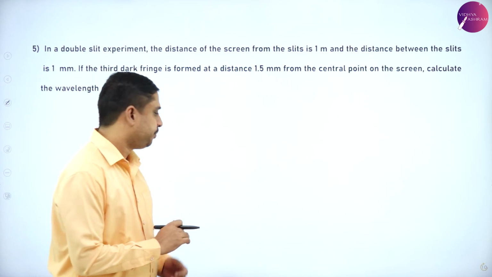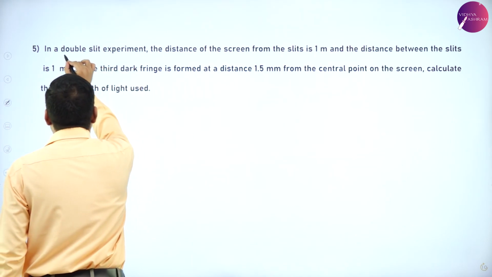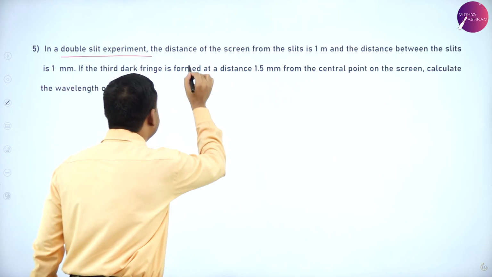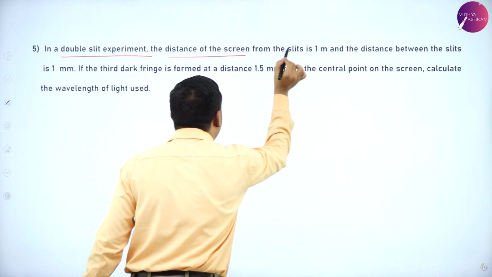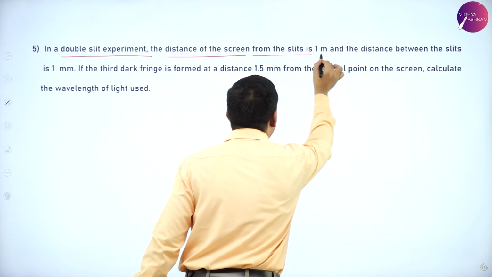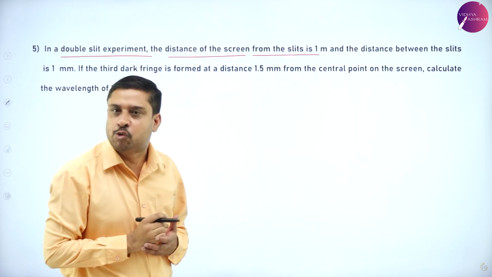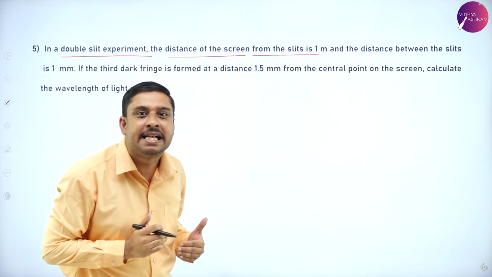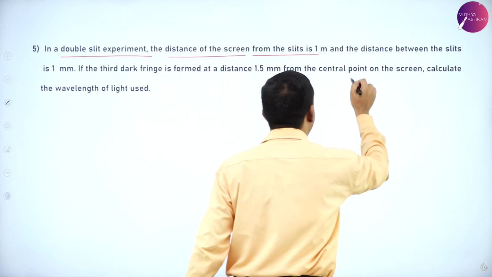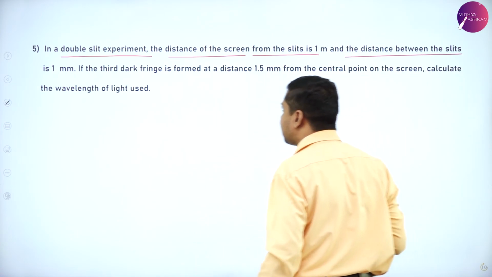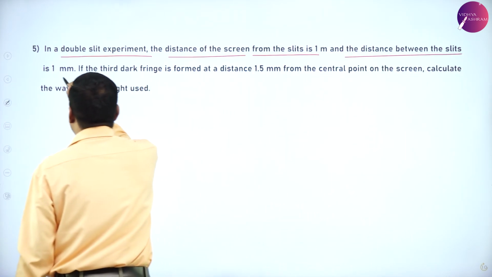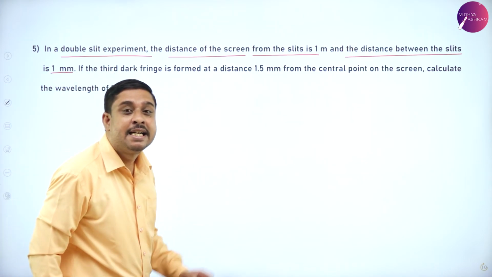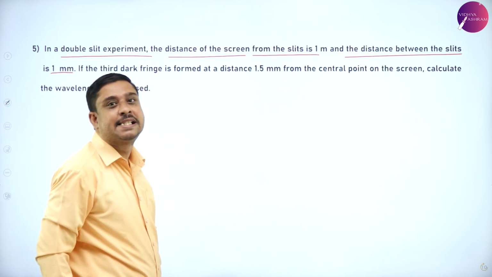The next one. In double slit experiment, the distance of the screen from the slits is 1 meter. Screen to slit distance is 1 meter. And the distance between the slits is 1 millimeter.